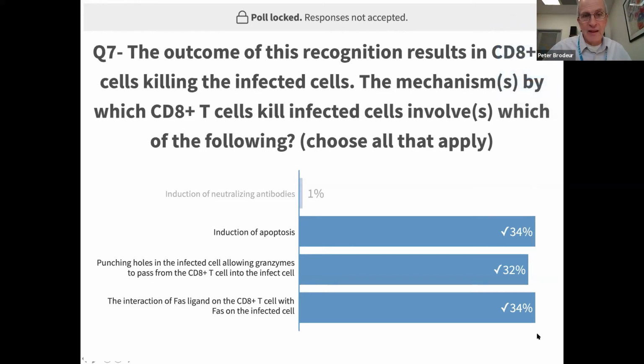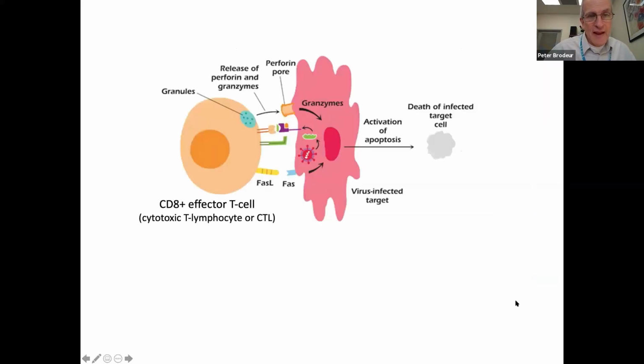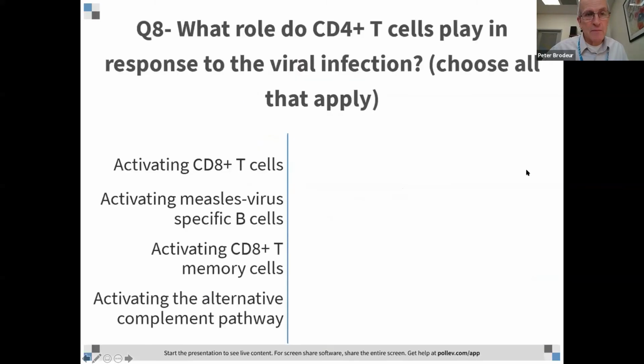So we have the next slide, just gives you a little diagram of that. So again, FAS is a death receptor, and the FAS ligand appears on these cytotoxic cells, and this interaction induces apoptosis. So neutralizing antibodies would not be involved in killing at all. Okay, next slide, Barry. Thank you.